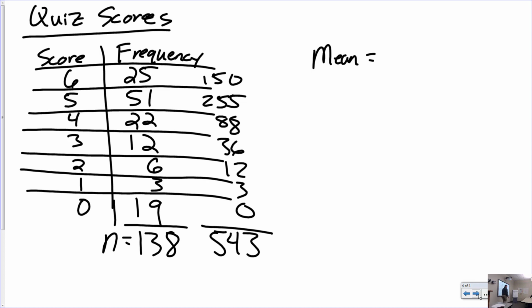543. And this is exactly what we just did for GPA. It's just now in a frequency table of data for quizzes, right?